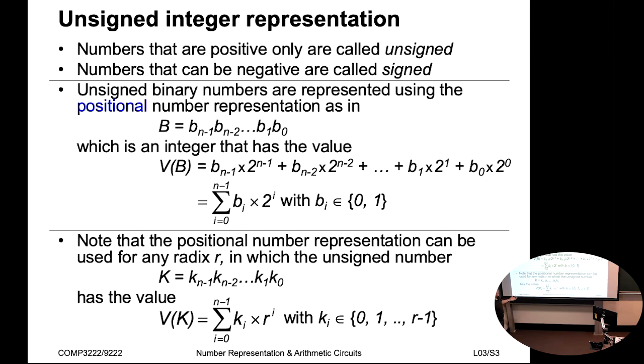And of course, we don't have to restrict ourselves to binary. We could use any radix R, where each digit is going to have a value between 0 and r minus 1. And the value of that number is just each digit scaling the corresponding power of r, summed together to give us the overall value.